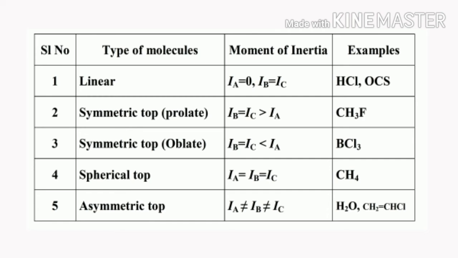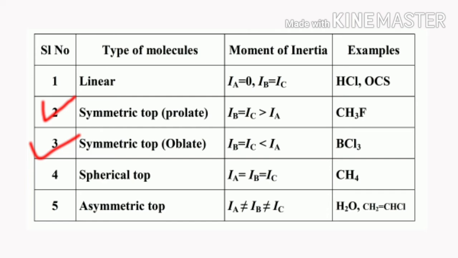So try to remember this chart. As you can see here, in case of a linear molecule, IA is equal to 0 and IB and IC are the same. Examples of linear molecules are HCl, oxycarbon sulfide, etc. Secondly, there are two types of symmetric top molecules, which are prolate and oblate.